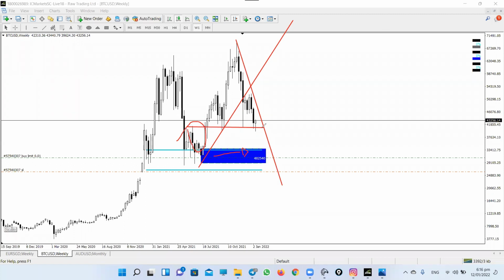This one is a strong support, and if the market is unable to break that support, then it can move up from here, from the same side. But if it doesn't happen, then the market can move like something like that here. And this is an area where you can expect the market can face that area.